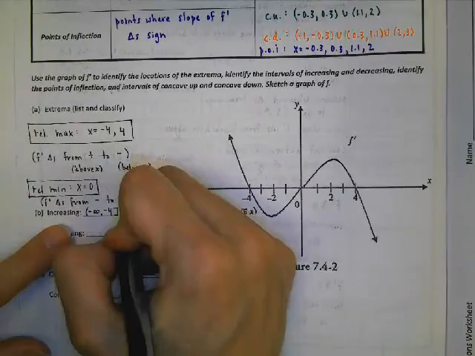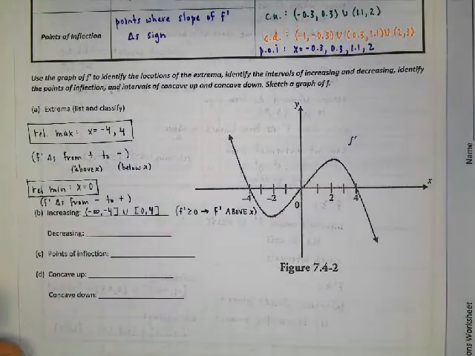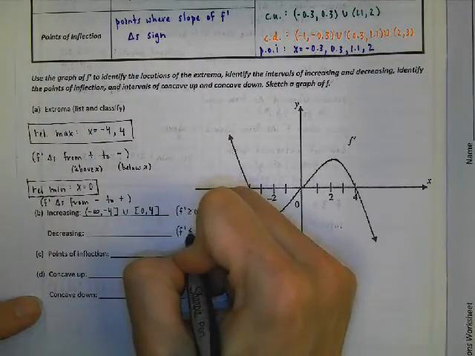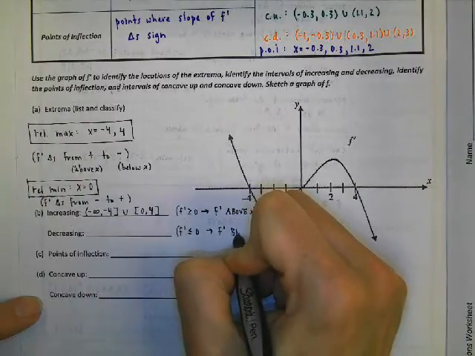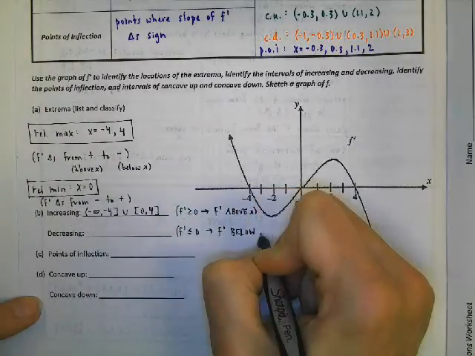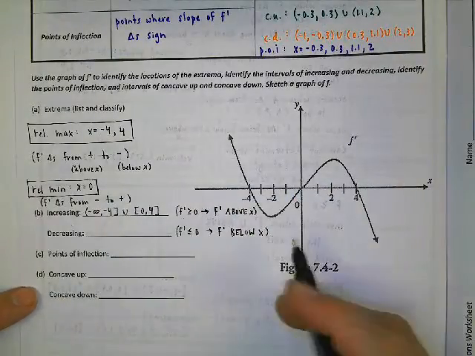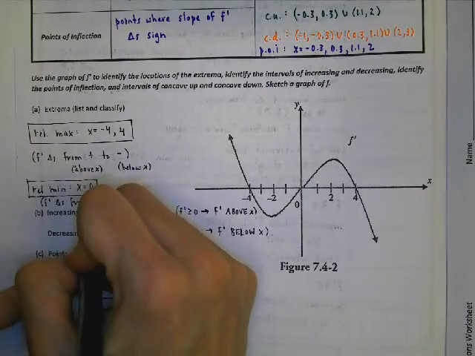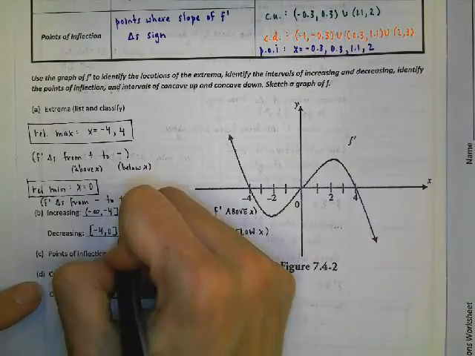And then I'm above again from 0 to 4. Decreasing is going to be the opposite. It's where f prime is less than or equal to 0, so f prime is below x. So I am going to be below x from -4 to 0, and then again from 4 to infinity.